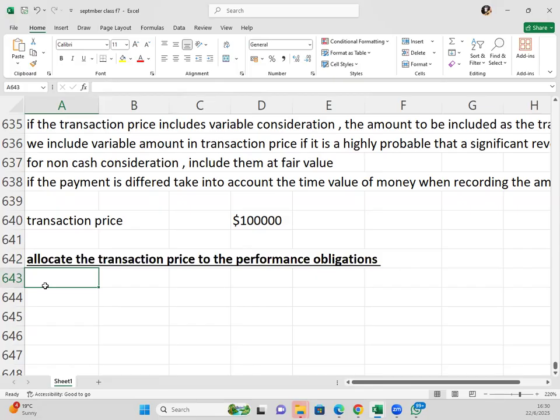If you are allocating the transaction price to the performance obligations, you are now sharing, because the person is going to pay 100,000.